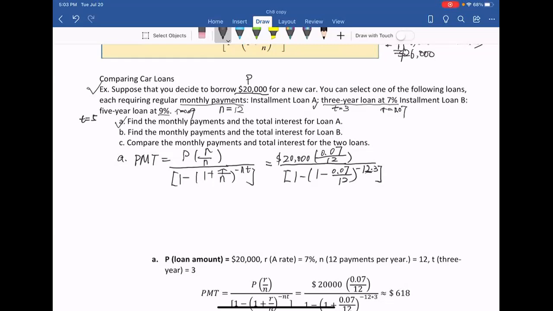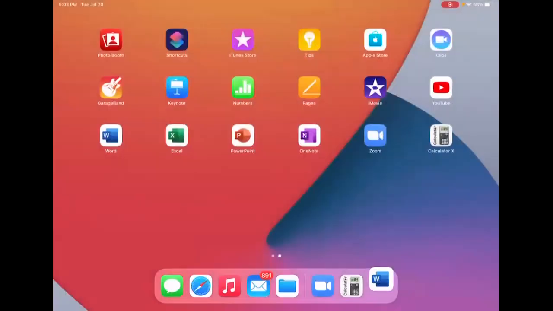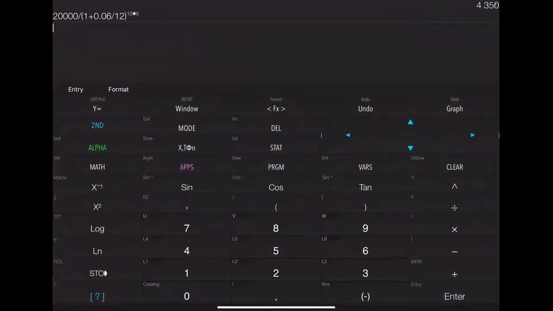I just use the calculator on my laptop or iPad to show you. Actually, maybe there are some slight differences on your calculator, but I can't download the digital one. Let's use 20,000.